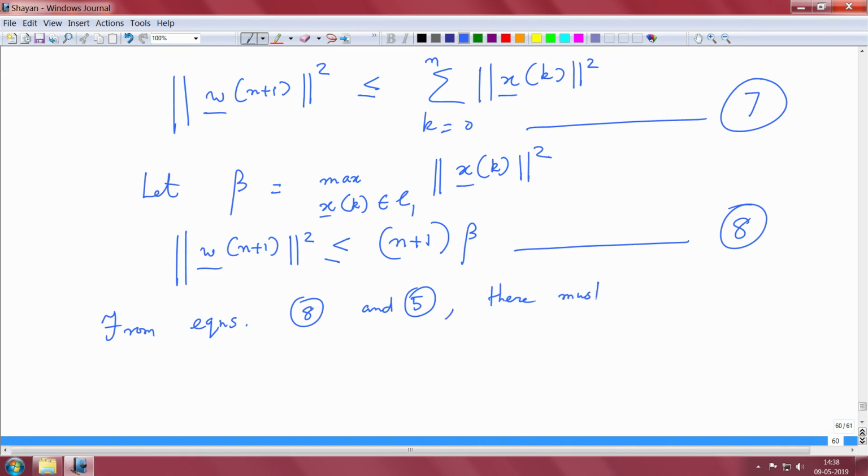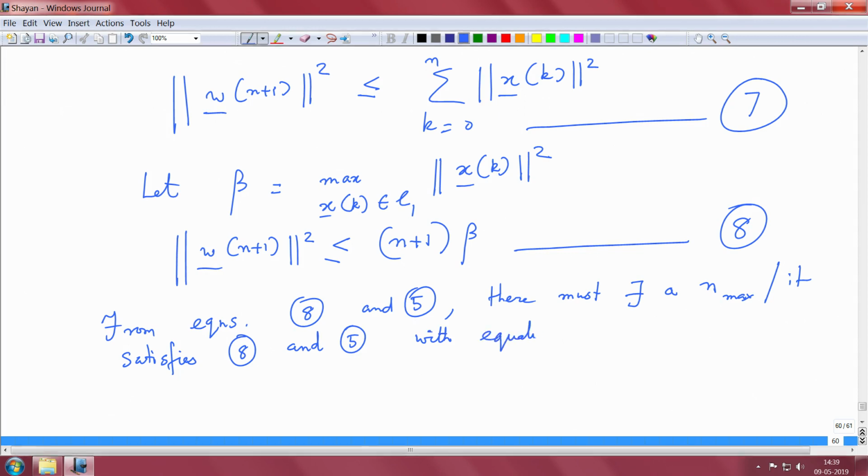there must exist an n max such that it satisfies equations 8 and 5 with equality. So, we equate the terms.